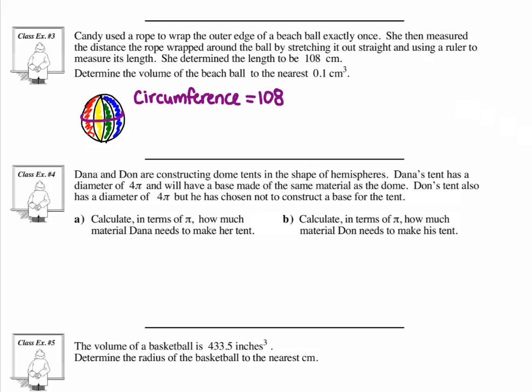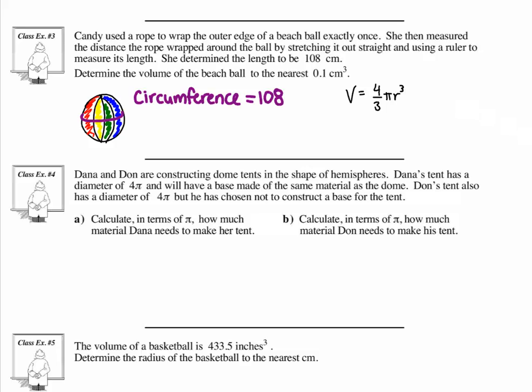So what's the formula for the volume of a sphere, first of all? 4/3 pi r cubed for volume. That's on your formula sheet. So if our volume is 4/3 pi r cubed, that means I just need to know which value.